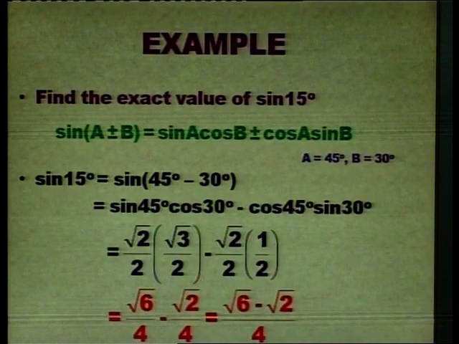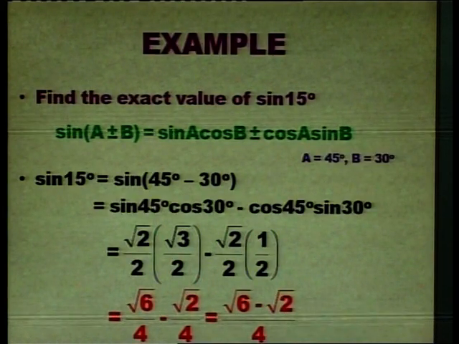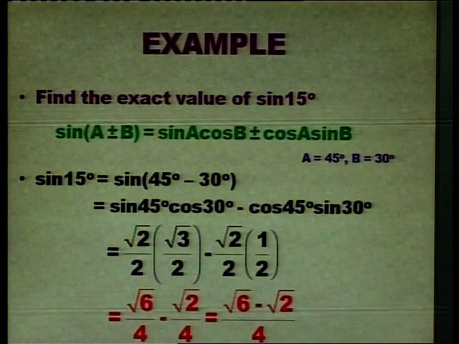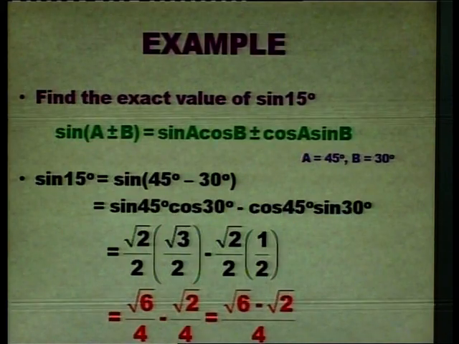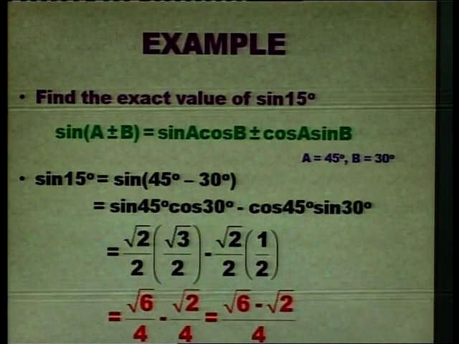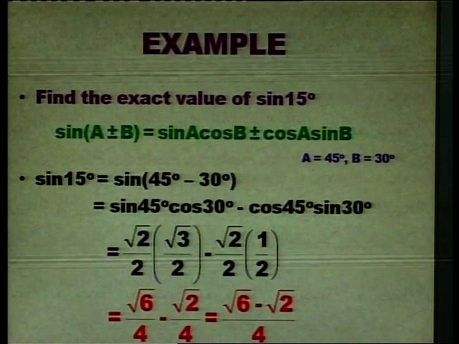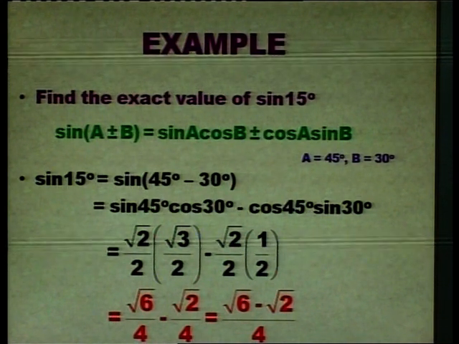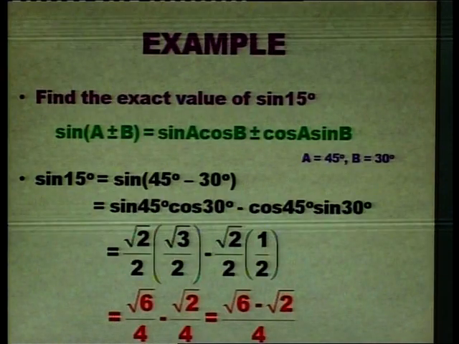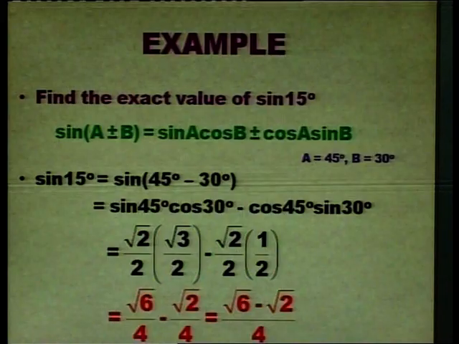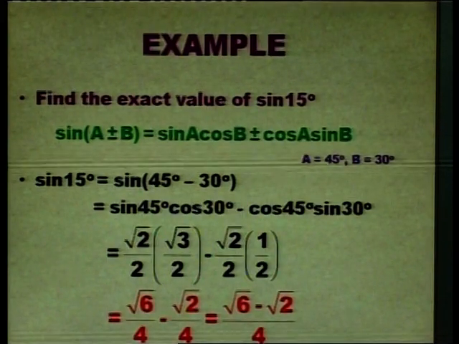So, we try to split the value, like in this case it was 15 degrees, in terms of the known angles. In this case, I have taken them to be 45 and 30. You could have taken 60 and 45, because their difference will also be 60 minus 45, the same as in this case.